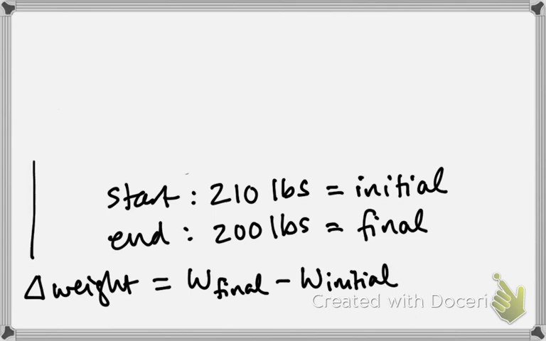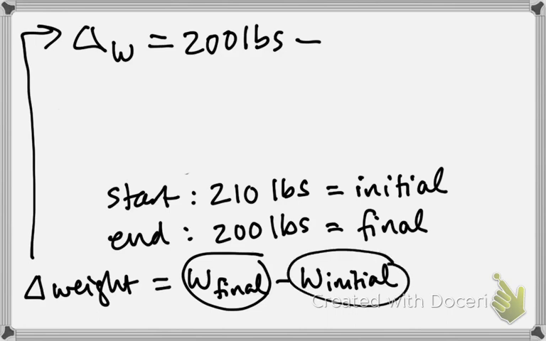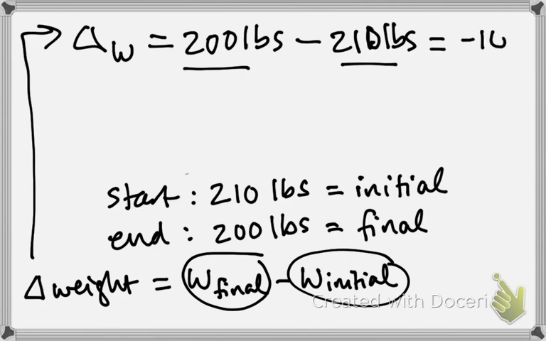So if we do this change in weight thing, the change in weight is equal to, all right, my final weight was 200 pounds, and we're going to subtract the initial weight. My initial weight was 210 pounds. So when you do that math, 200 minus 210, you actually get minus 10 pounds, which seems a little weird because, well, why is it a negative?